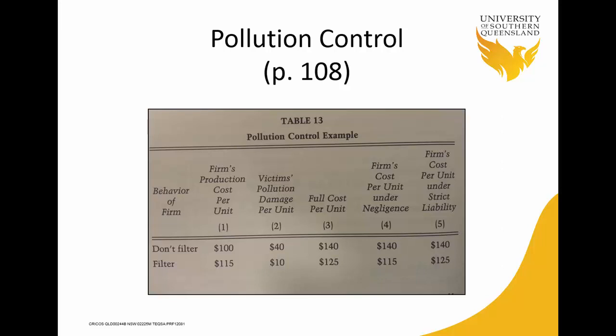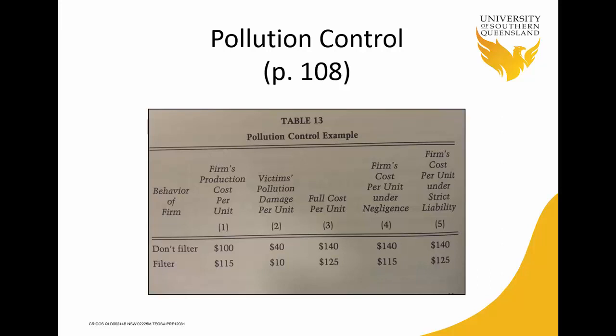Okay, but if you add up these costs, the costs from columns 1 and 2, so the firm's production cost per unit plus the victim's pollution damage per unit, the full cost then per unit would be 140 if we do not filter, but 125 if we filter.